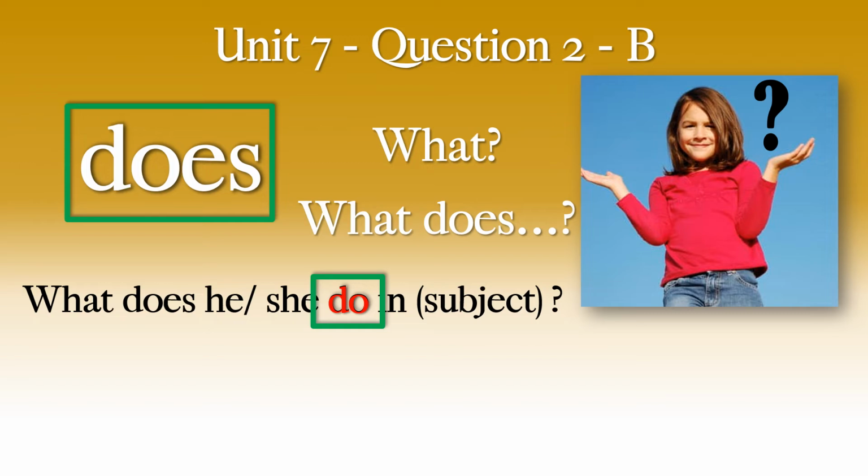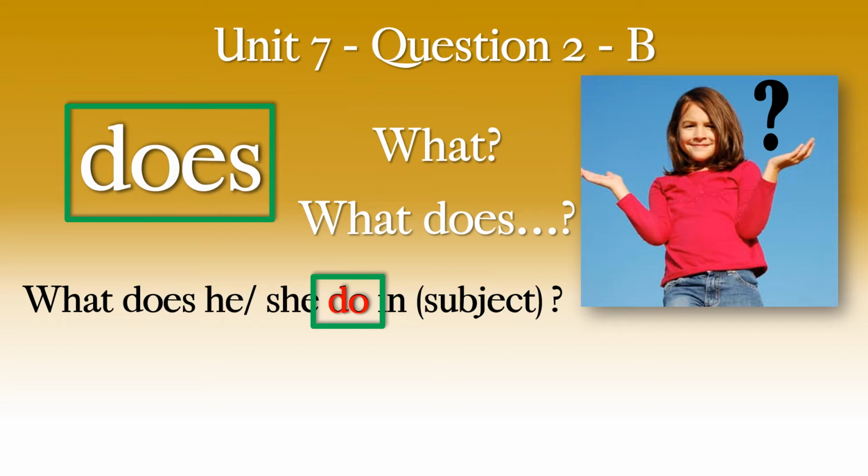Now here we do not change do, okay? We do not change do because we have does. The word does, what does? This tells us that we are using he and she. You do not have to change the word do again, okay? So do number 2 in the question, don't change it to does.